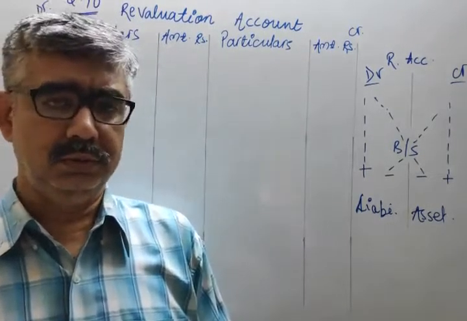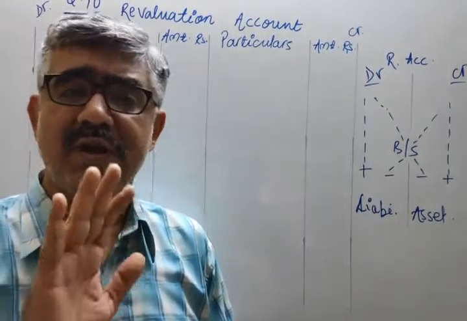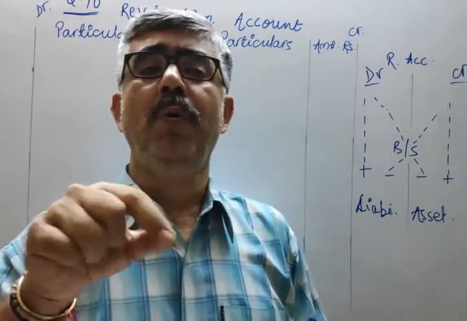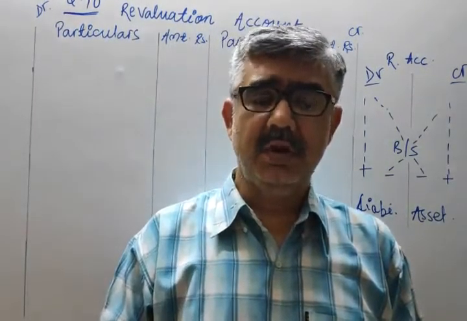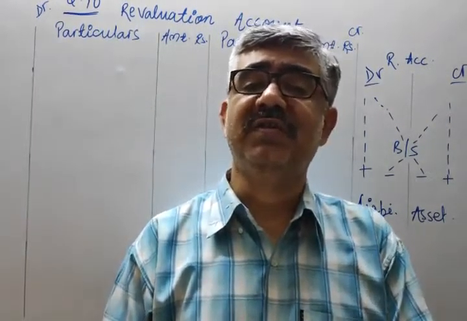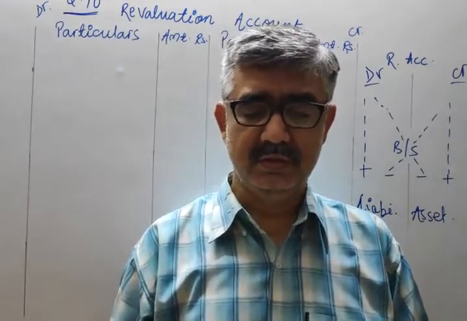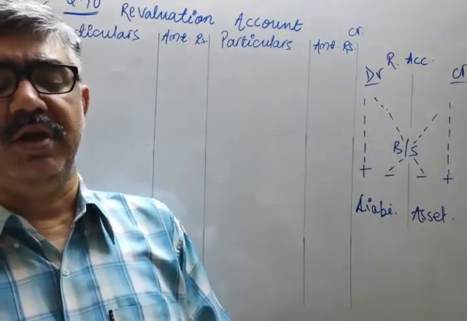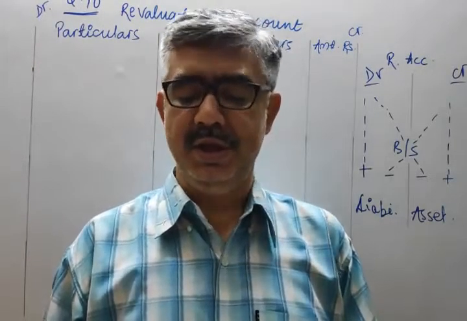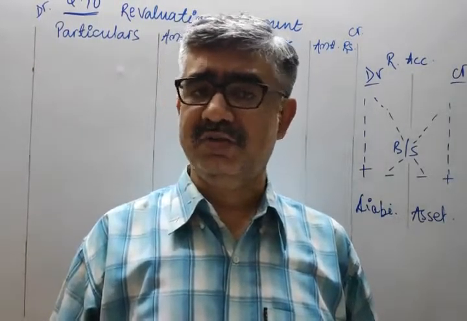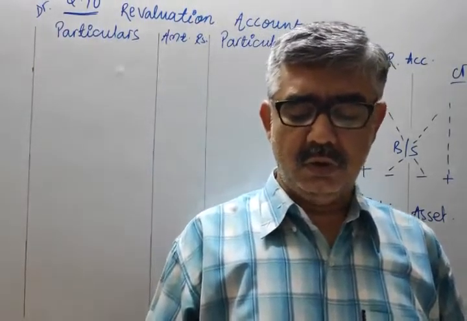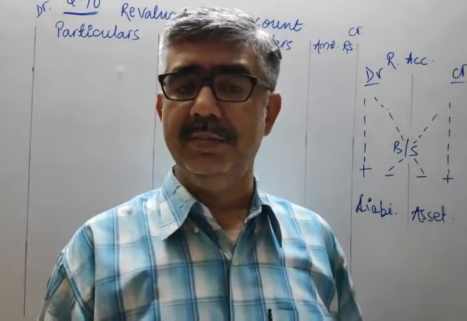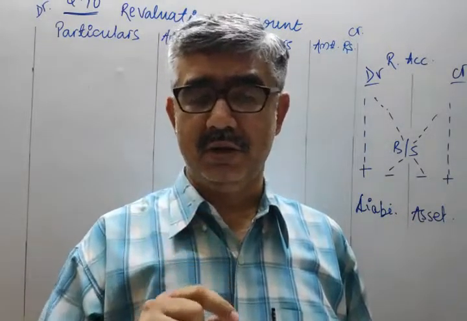Now what to do? You are just going to read the adjustments and do proper tick marks in your question's balance sheet. Yes. For example, the first adjustment is connected with land and building. Initially both on asset side. So on asset side, land and building. Do a tick mark. You know what to do.